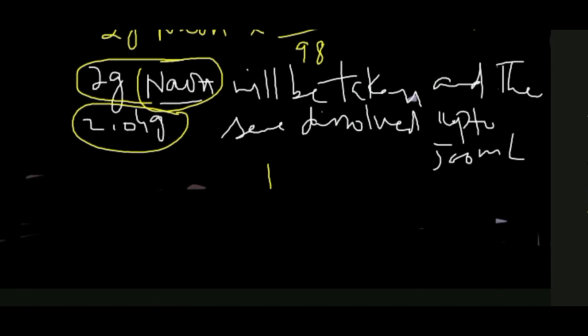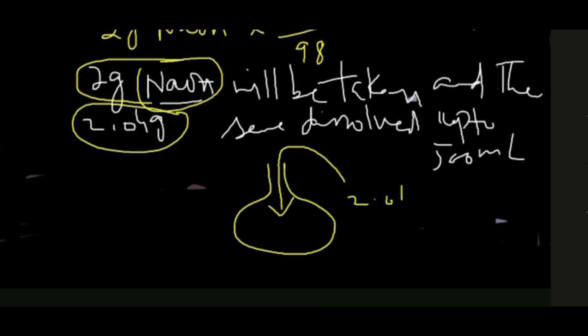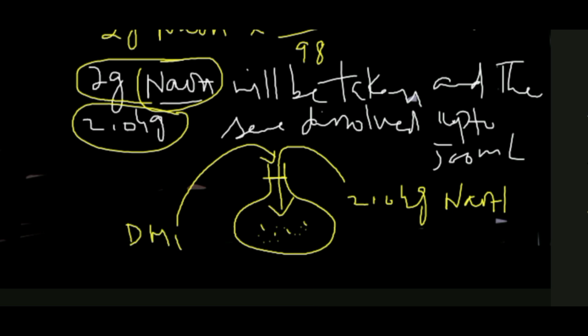For example, we have here a flask. First we have to take 2.04 gram of NaOH of percentage 98%, and this will be added in this flask. After addition of this NaOH into the flask, we will add DMW and make the volume up to 500 ml.